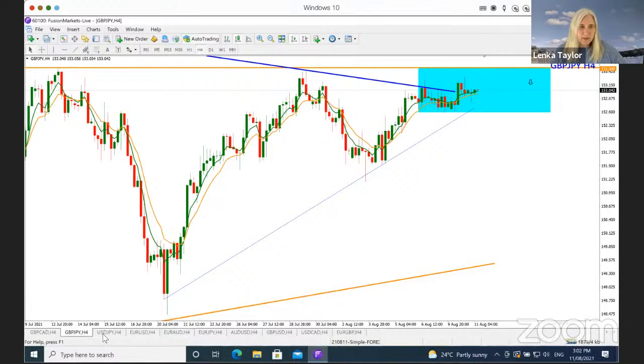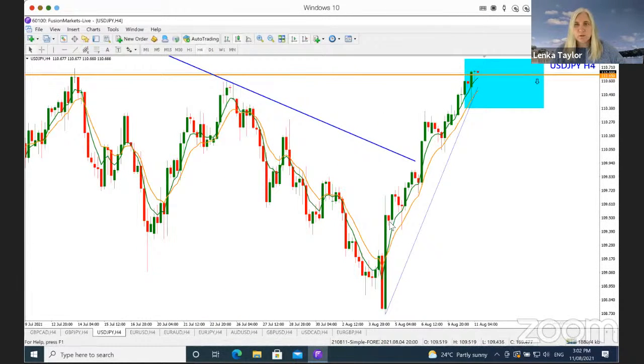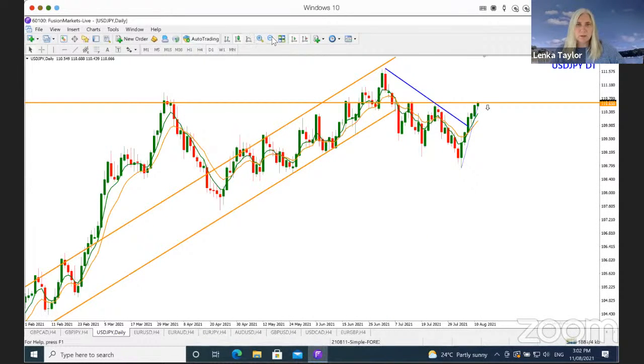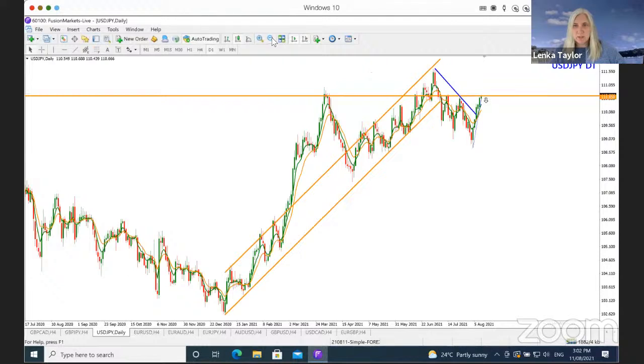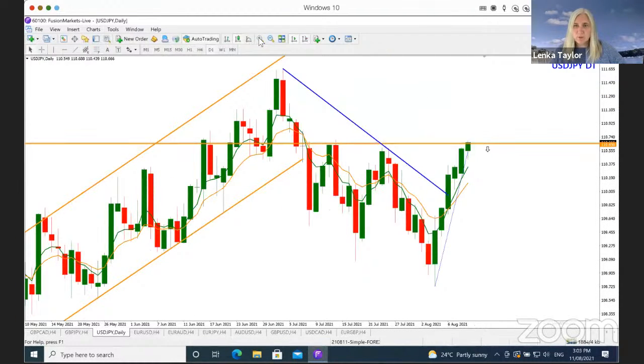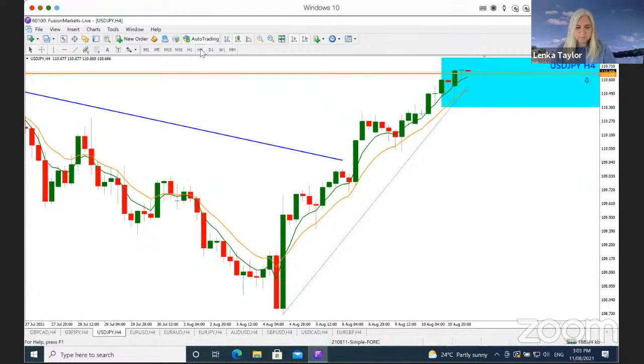Our next currency pair I'm looking at is USDJPY. So USDJPY, I'm looking for short off this level. At the moment, it's charging up, so I will need to wait a little bit.